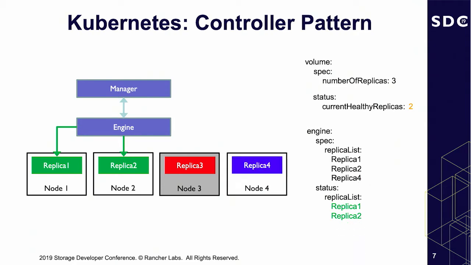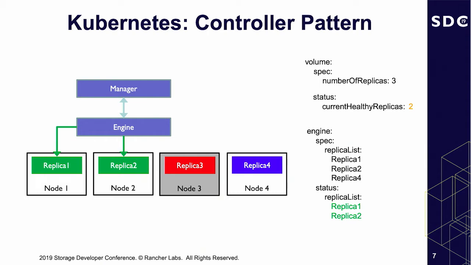We also need the volume controller to create replica 4 on a new node, because we lost connection to node 3, and we probably cannot reach it at the moment. So the new replica was created, and the new replica was added inside the engine spec.